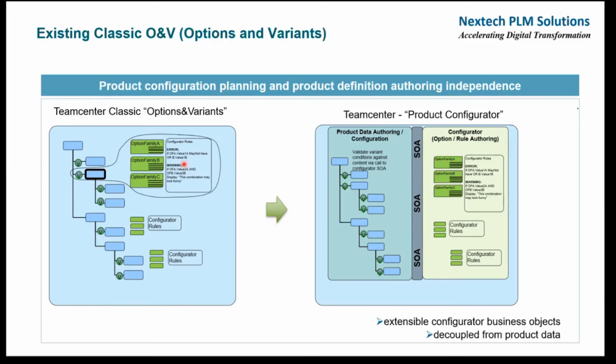It had a kind of strong dependency. The variability information was going hand in hand along with the product, but that's not the case with product configurator, right?